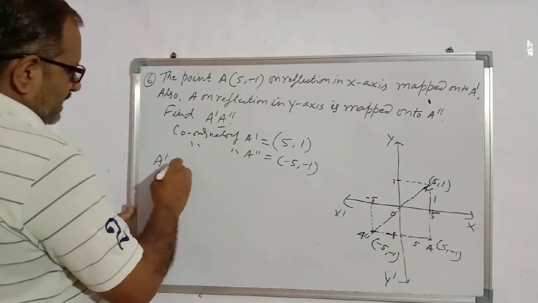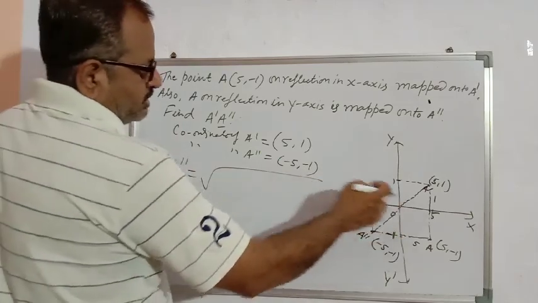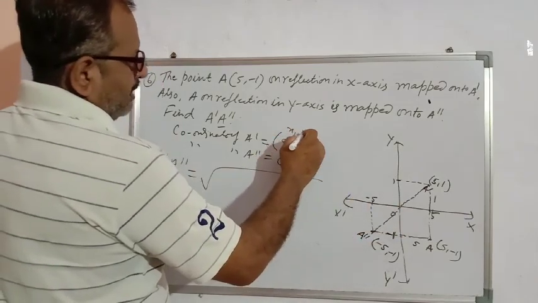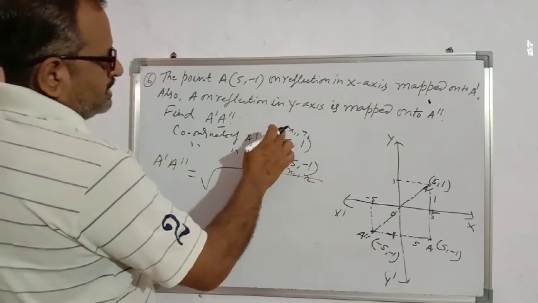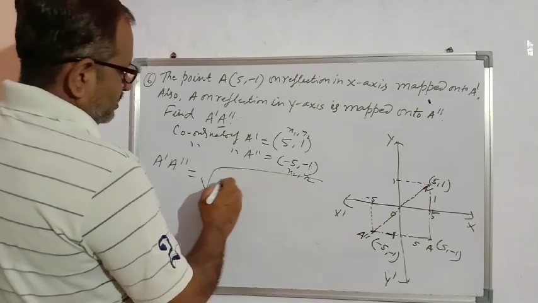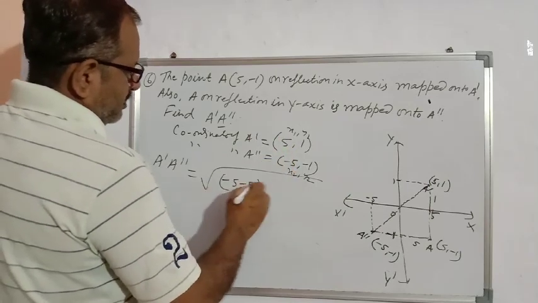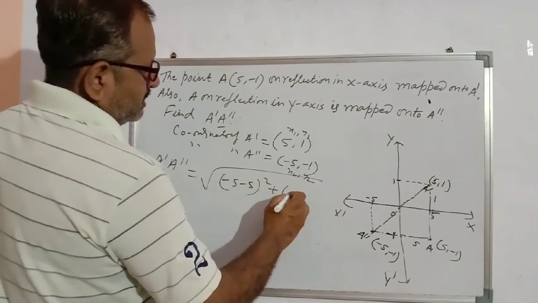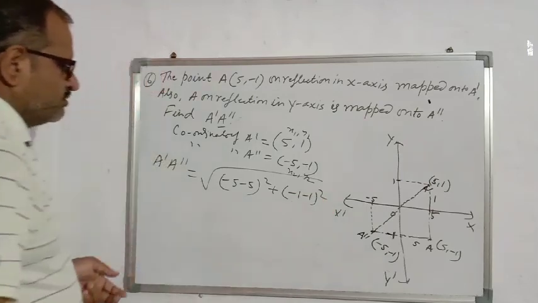So distance A dash, A double dash. How will we find the distance? Using distance formula. It is x1, y1. This is x2, y2. x2 minus x1, so minus 5 minus 5, whole square, plus minus 1 minus 1, whole square.